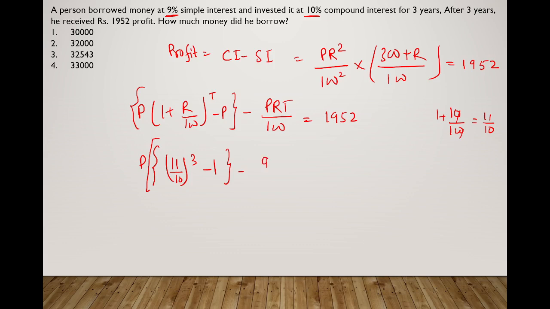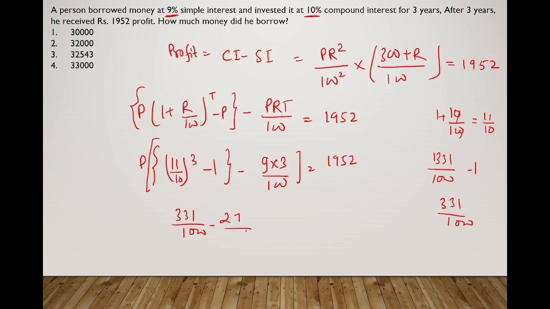For simple interest, the rate of interest is 9, time is 3, and this is 100. So 1952. If I calculate, this becomes 1331 divided by 1000 minus 1, then it becomes 331 divided by 1000, minus 270 divided by 1000. Here, if I put an additional 0, we can easily calculate the value without taking the LCM, because at the end we get an extra 0. So the difference of this becomes 61.